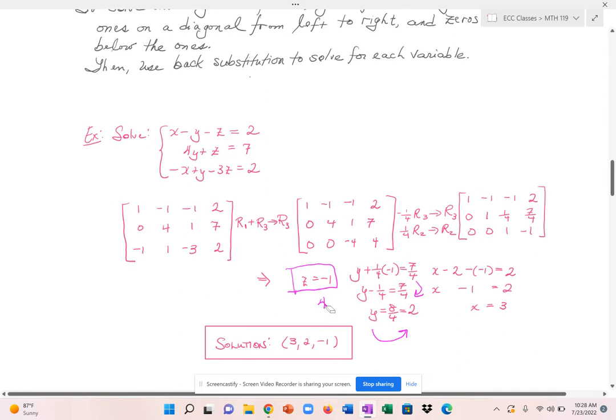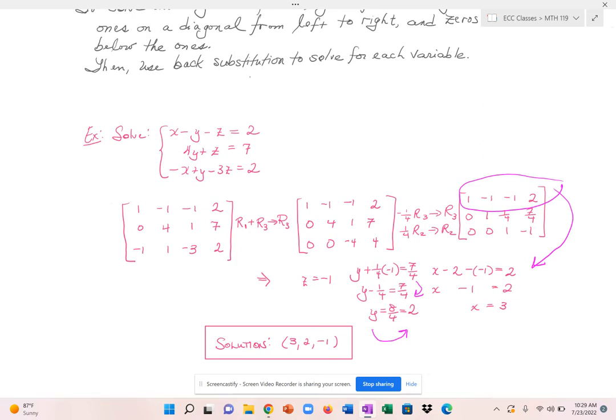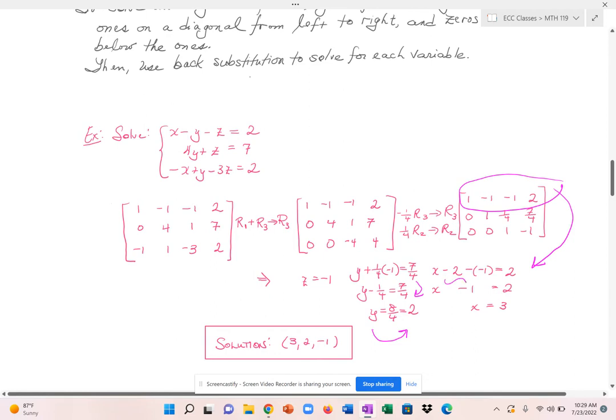And now that I know that z is -1 and y is equal to 2, I can plug in back in here, which says that x minus y, so that's now minus 2, minus -1, because my z is -1, equals 2. So these two give me x minus 1 equals 2.